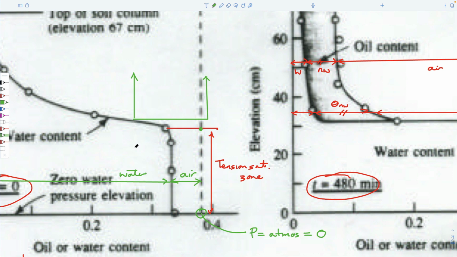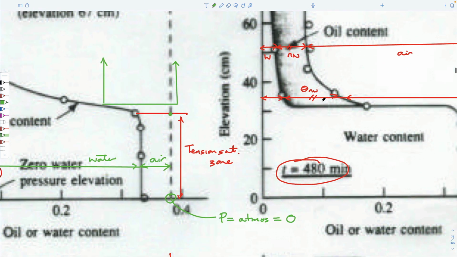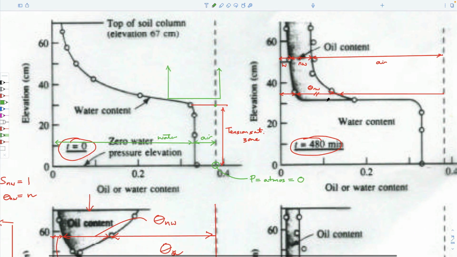Water below it has 1,000 kilograms per cubic meter. And if this is an LNAPL, perhaps that has 700 kilograms per cubic meter. I'm not sure what the density of gas is, but it's of that order.